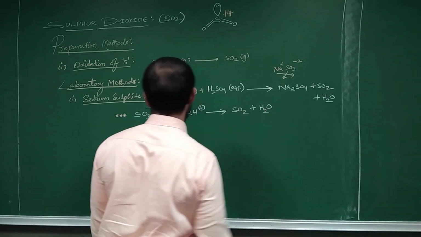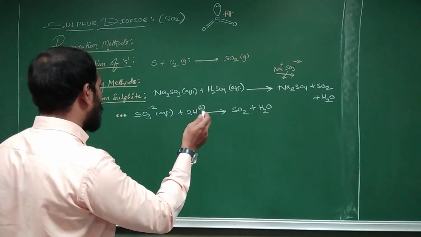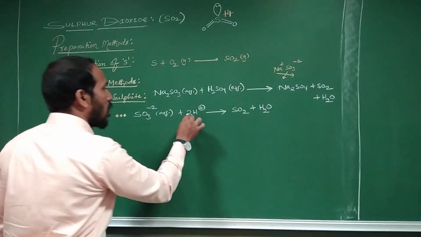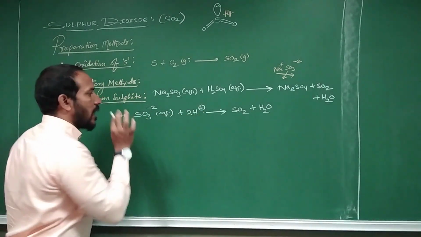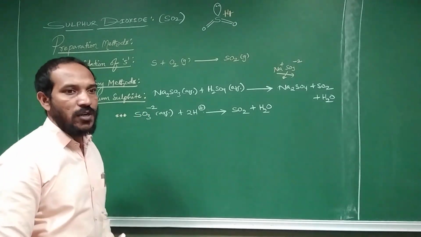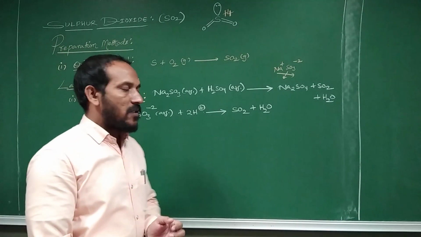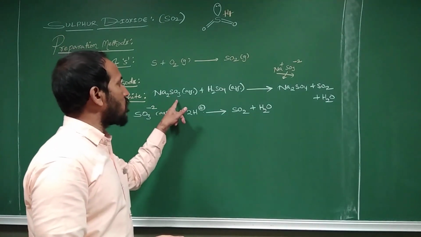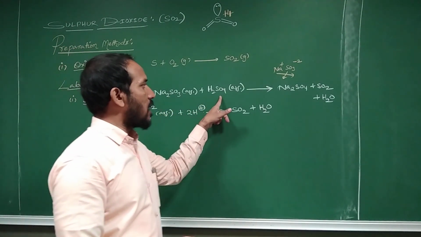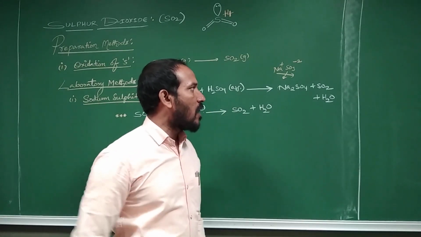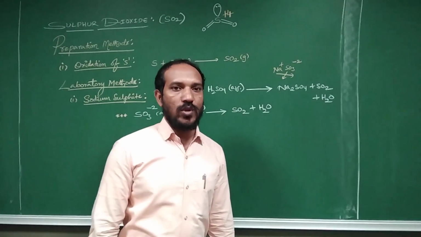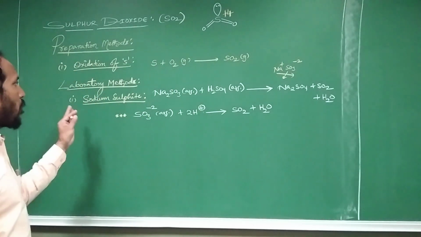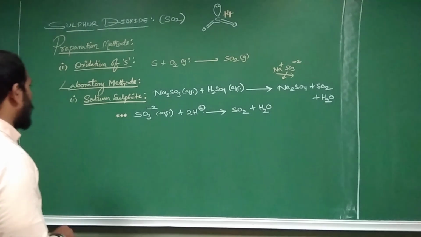Clear? 2 plus 1 is 3 oxygen, 1 sulfur, 2 hydrogen, everything is balanced. 2 positive charges and 2 negative charges, so the water is neutral. Like this, with the laboratory method, sodium sulfite can be treated with dilute sulfuric acid to form sodium sulfate plus sulfur dioxide plus water. So sulfur dioxide can be prepared with the help of the laboratory method.